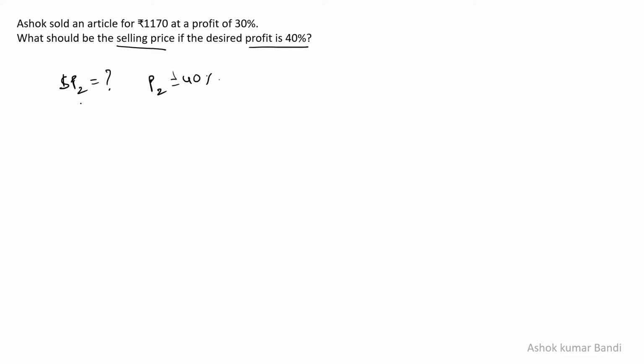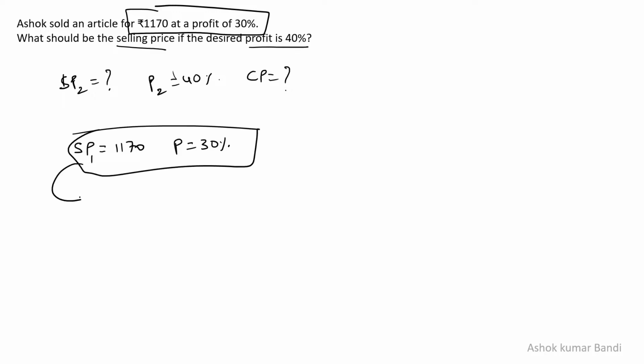So in the second case, I want to find the selling price and I know my desired profit is 40%. If you want to find selling price from profit, you need one more variable, that is cost price. We don't have it here, but you can get the cost price from the first part of the problem. When he sells for 1170, he gets a profit of 30%. By using these two, you can find the cost price.